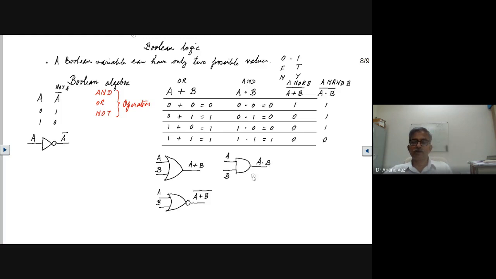So you have got the NAND gate, and the symbol for the NAND gate is just like the similar lines, with the inputs A and B.